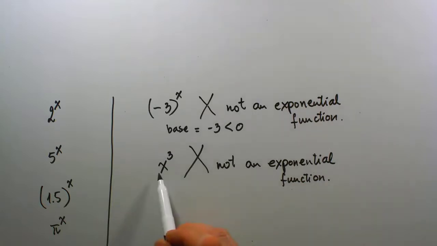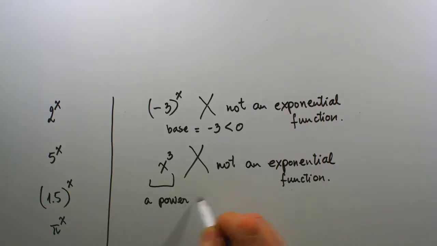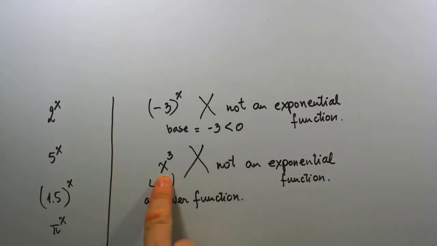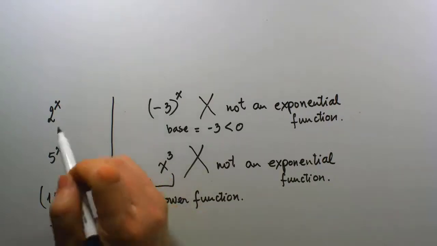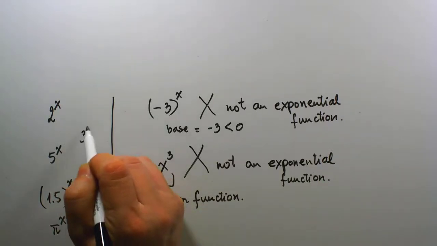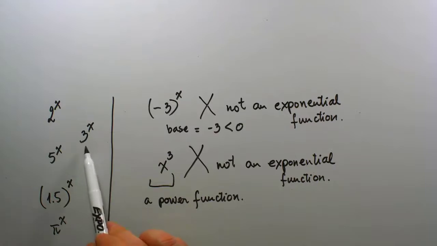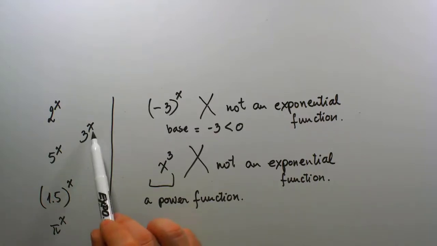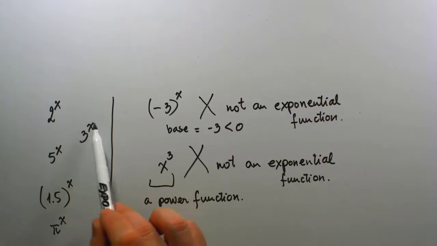This function here, x to the third, is clearly not an exponential function. This function is precisely a power function. Simply because let's have a closer look at how this is compared to 3 to the x. Now 3 to the x is an exponential function, base positive 3, and the variable x is being placed in the exponent part.